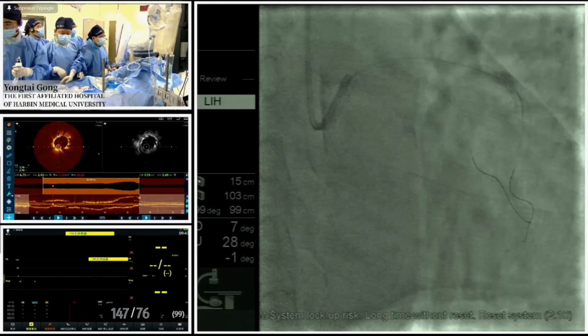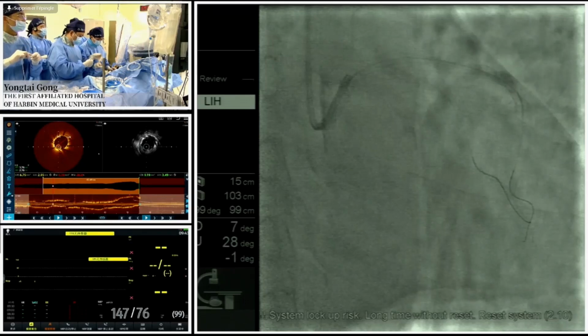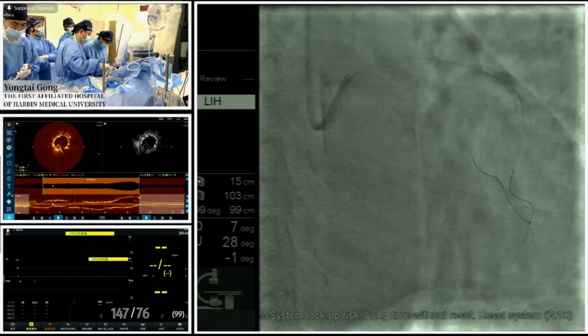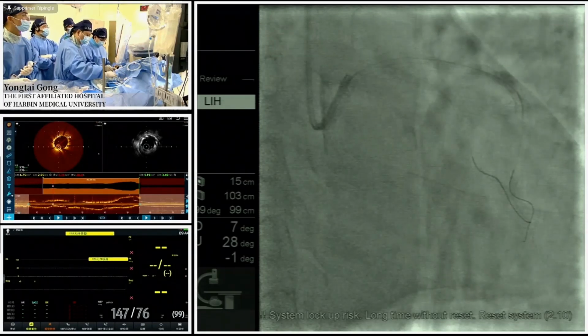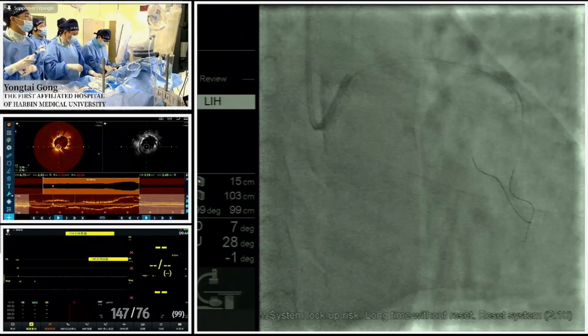But in some situations, such as when the flow in the LCX is very slow, or there is a severe stenosis in the side branch, we will perform a KBI in order to restore the normal flow to the myocardium.